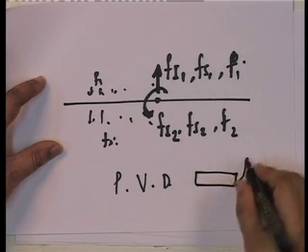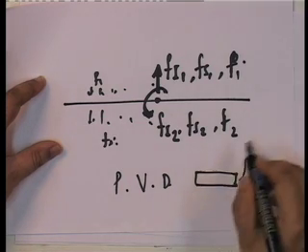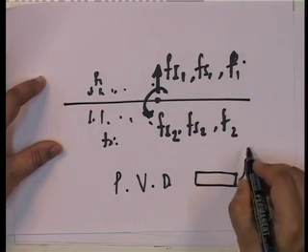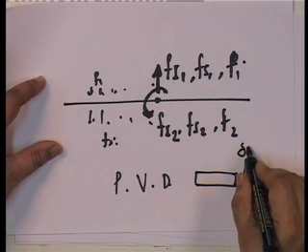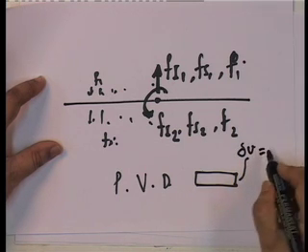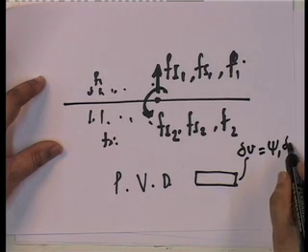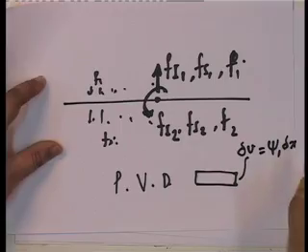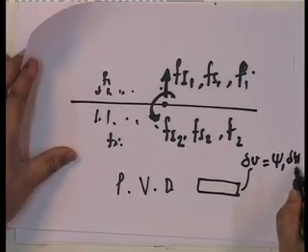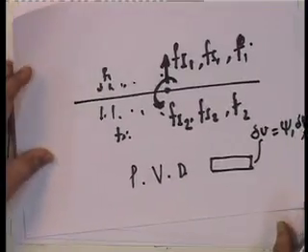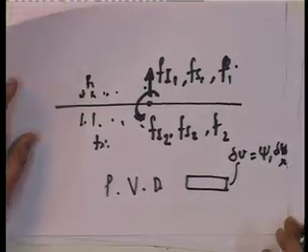At any point, the virtual displacement is given by delta v equal to xi 1 delta u x.